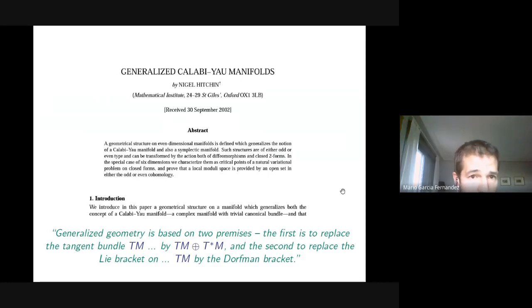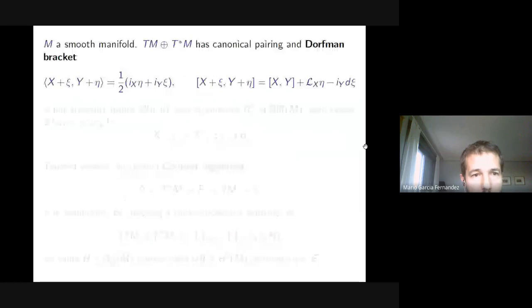This beautiful picture of generalized geometry was introduced by Hitchin in 2002, and in his words, the basic premises of generalized geometry are to replace the tangent bundle of a manifold by the tangent plus the cotangent bundle, and to replace the Lie bracket on the manifold by a suitable bracket called the Dorfman bracket. Okay, so let me go into some details of this.